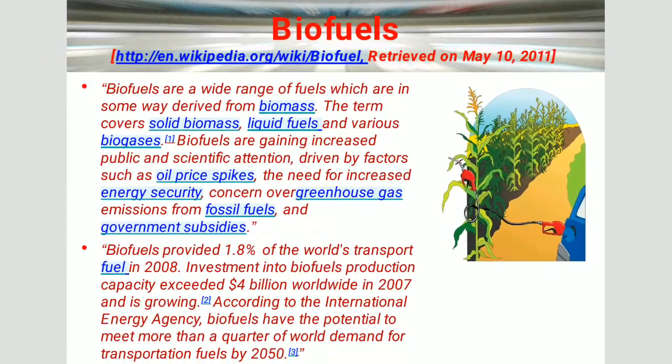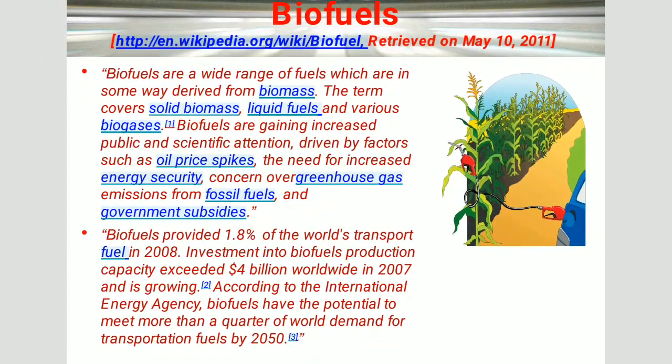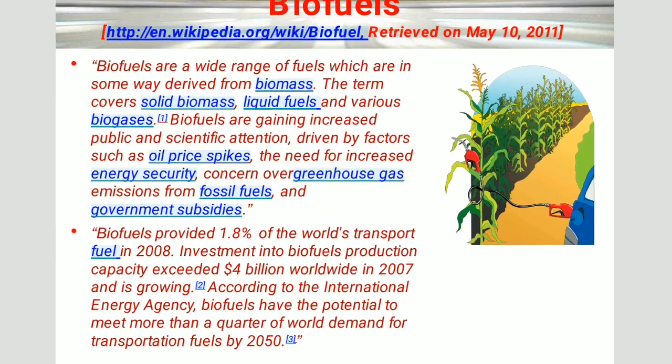Now let's talk about biofuels. This was collected from this website, that means Wikipedia actually, on biofuel, which was written on May 10, 2011. Biofuels are a wide range of fuels which are in some way derived from biomass.